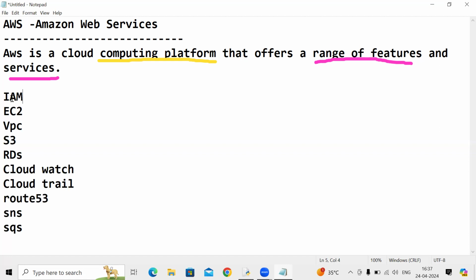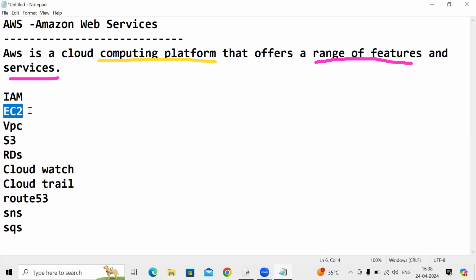At first, I will explain module wise. I will explain what IAM is in the theoretical part. Then I will show you practically how the IAM module works in AWS and how to work with it. Then I will move to the EC2 module.